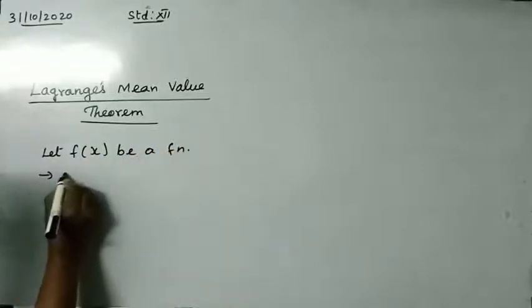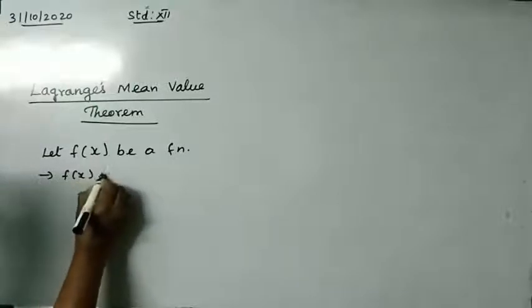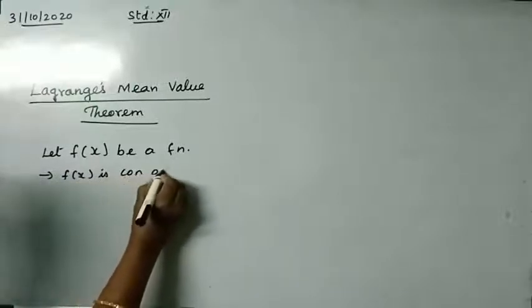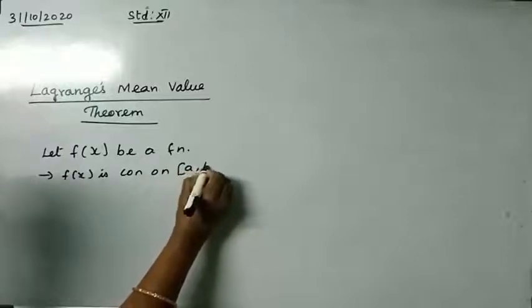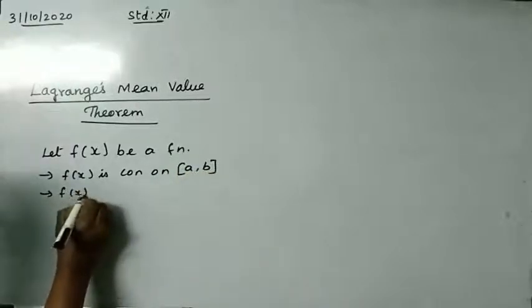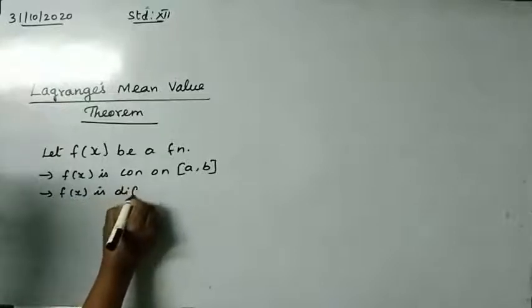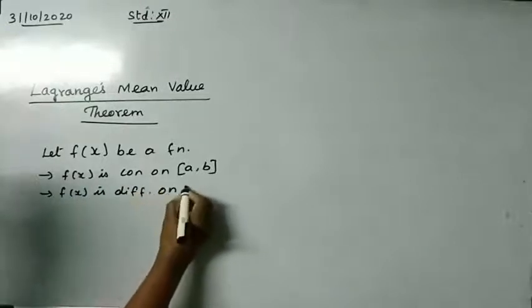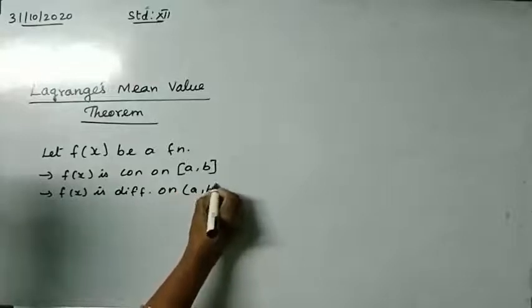Then we want to check whether f of x is continuous on the given closed interval a comma b. The next condition is f of x is differentiable on the open interval a comma b.